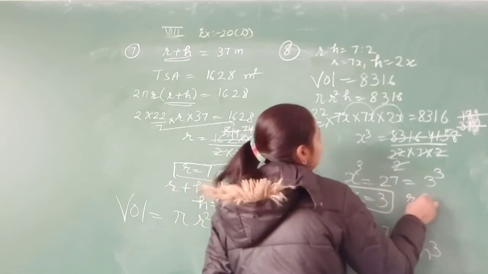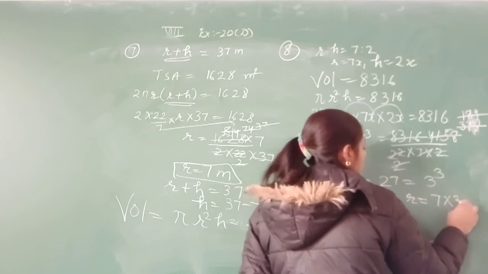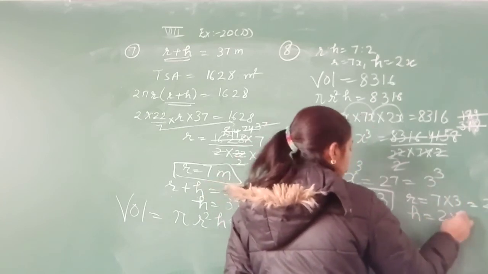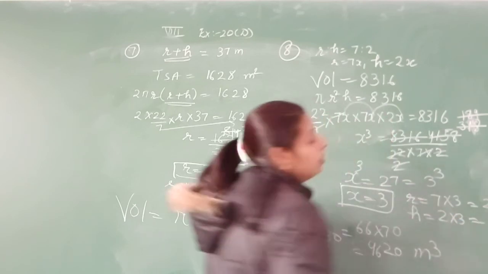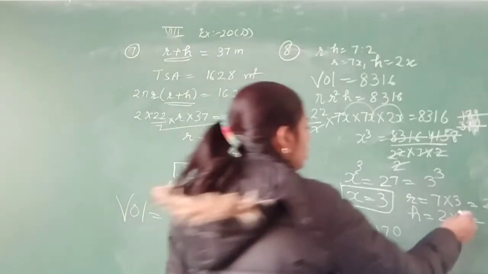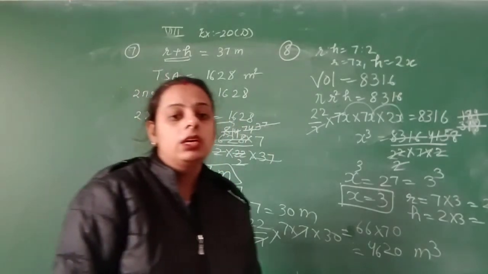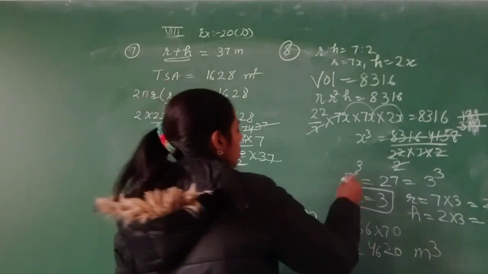So your radius, that is 7x, now becomes 7 into 3, 21, and your h is 2 into 3, that is 6 centimeter. Everything is given in centimeter here. R and h both are given, so you just apply the formula of total surface area.